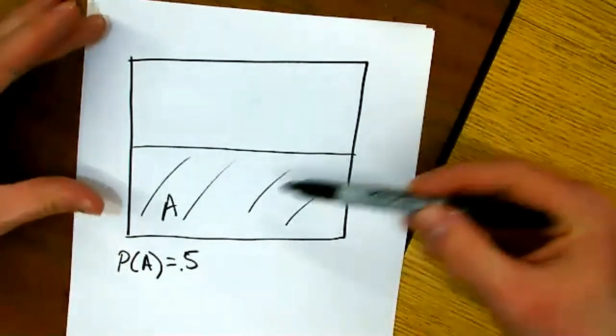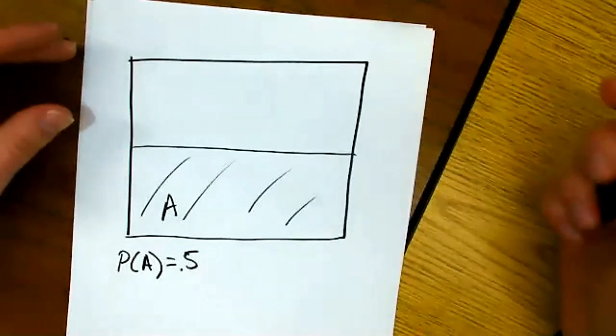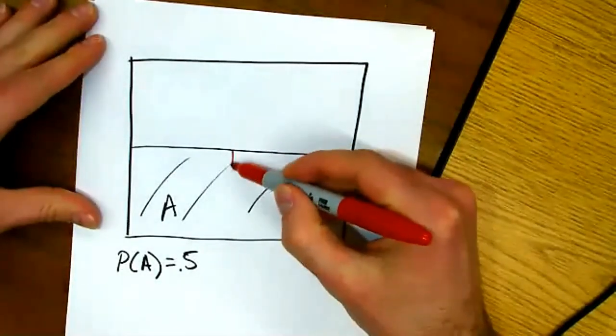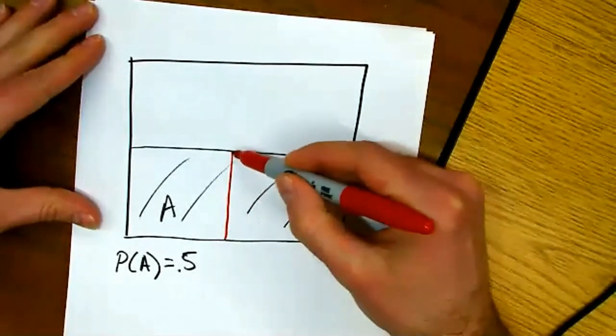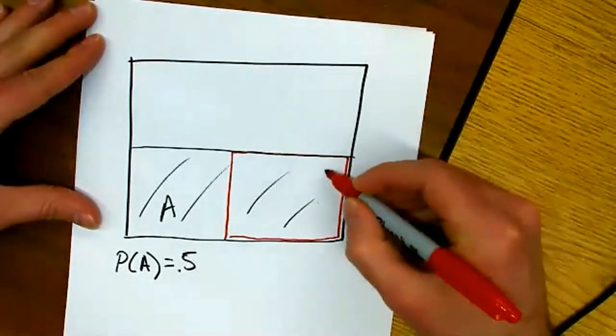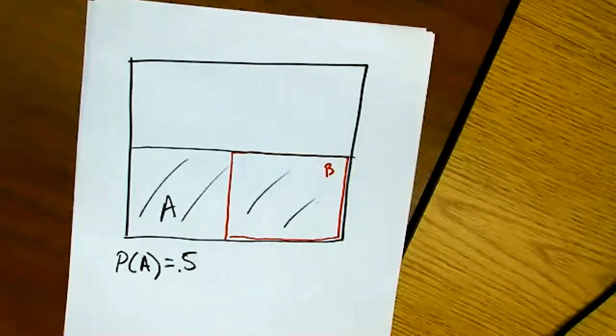So let's say 50% of the outcomes are in event A, okay? Let's say I then take this little rectangle or square over here, and I'm going to call this event B.